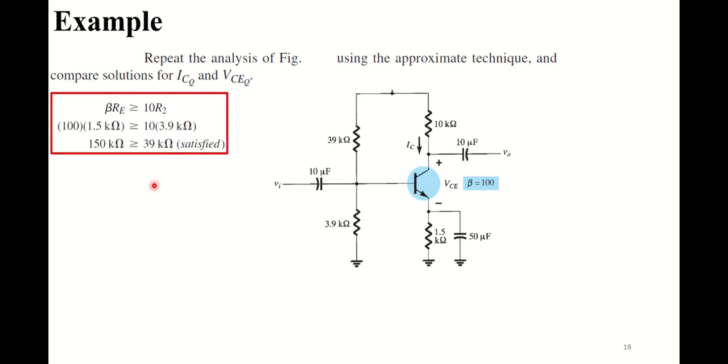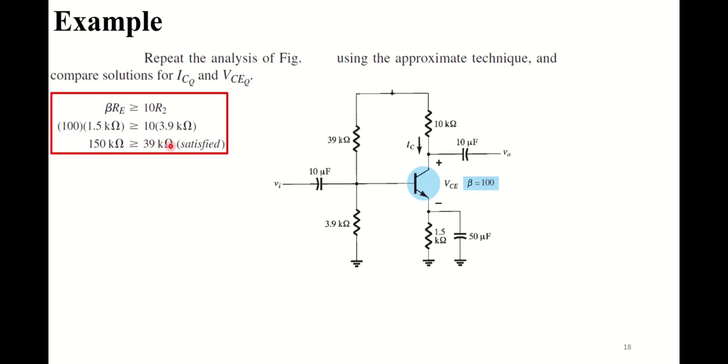By replacing the values in this inequality, we can see that this condition is satisfied and we can use the technique of approximate analysis, because the value of beta RE is equal to 150 kilo ohms while the value of 10 times R2 is 39 kilo ohms, and 150 kilo ohms is certainly greater than 39 kilo ohms.